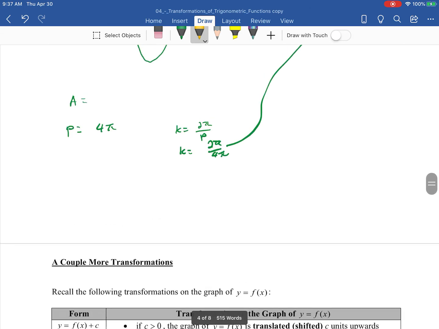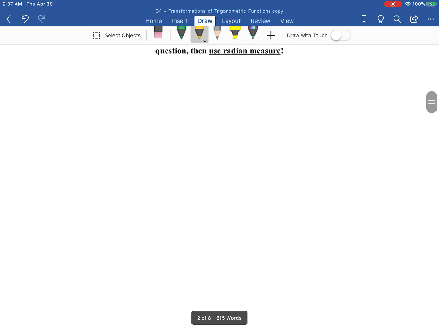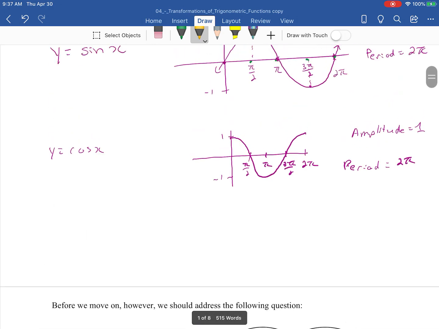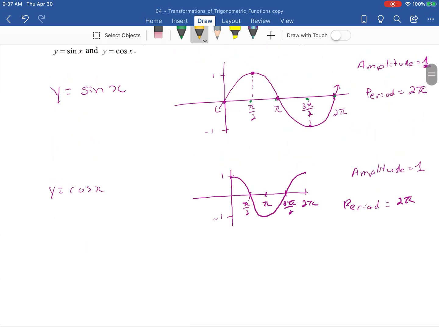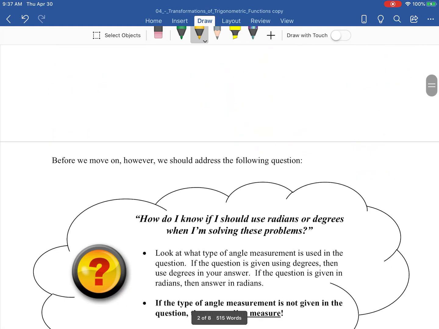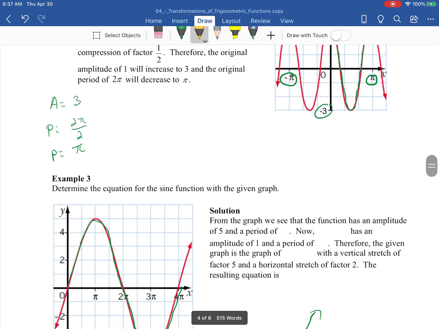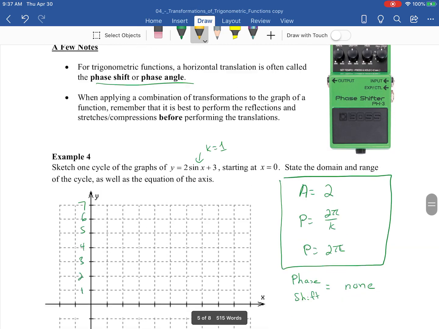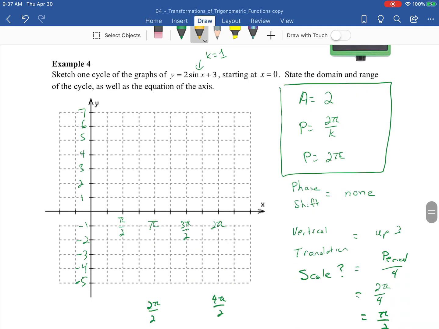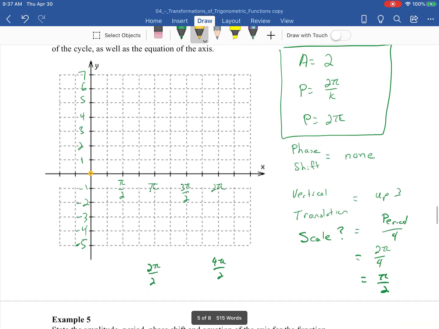I know when I say graph of sine, people immediately say, oh, it starts at 1, but that's not what the graph of sine really does. The graph of sine starts at 0. And so in this one, I'm starting sine off at 0, and that amplitude of 2 doesn't affect that. So I'm going to draw a point on there.